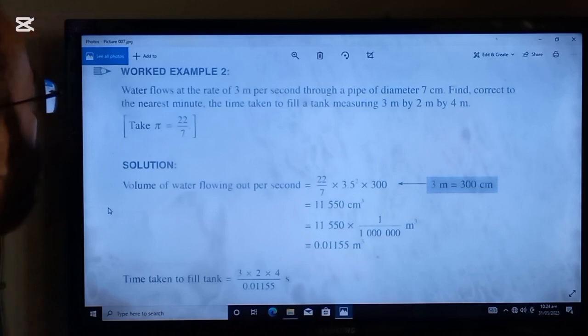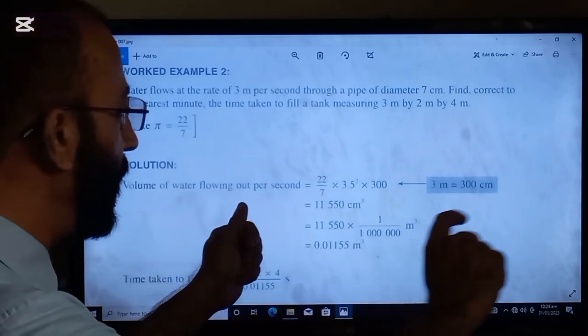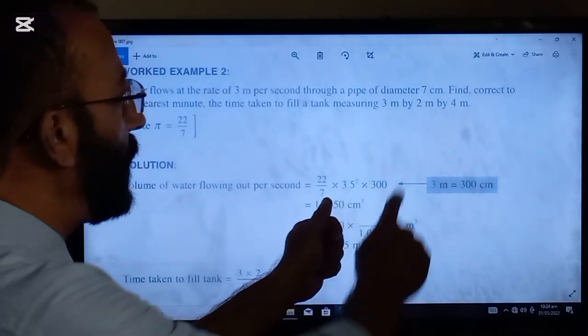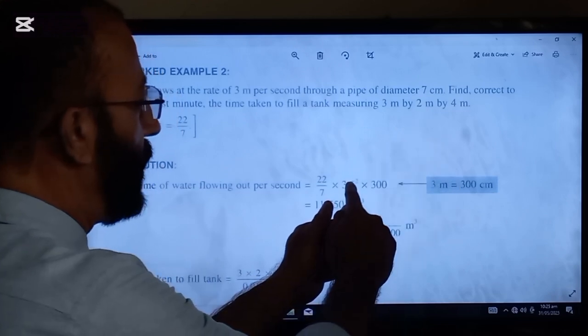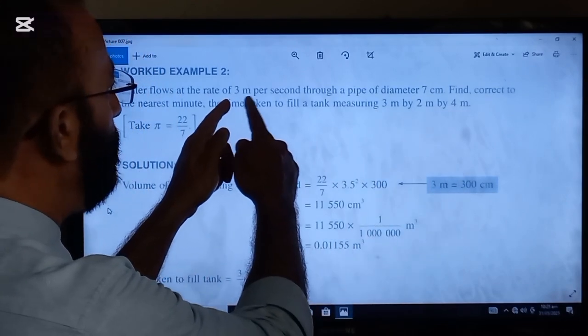So look now, the volume of the water flowing out per second, because that is a cylinder, so formula will be pi r square h. R is actually 3.5, which is half of the diameter, so 3.5 square into h. H is actually 3 meters.